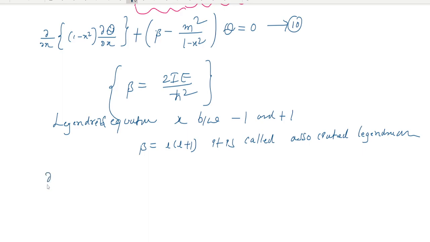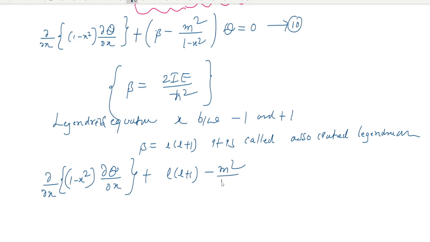So here I would like to write down the original mathematical Legendre equation, I mean the associated Legendre polynomial equation: d by dx of 1 minus x square, similar function I am using here, but slightly different, plus L into L plus 1 minus m square divided by 1 minus x square, into theta equal to 0.